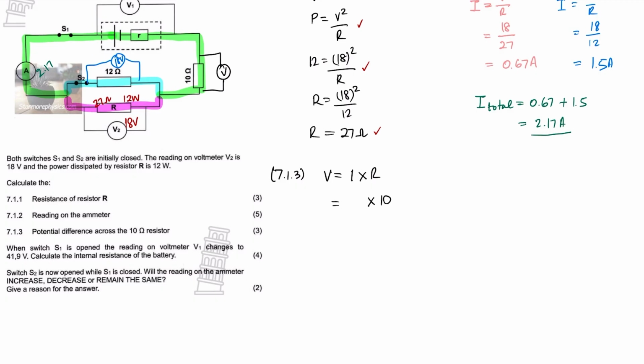The current has not been split in the green branch, and so the current going through the 10 ohm resistor is 2.17. That's going to give us 21.7 volts.